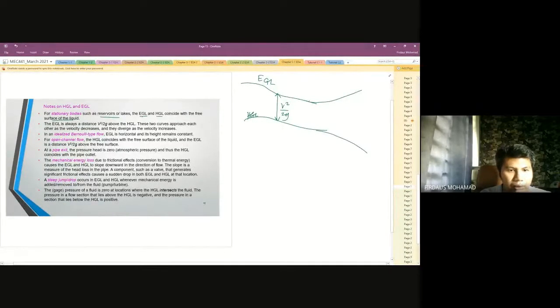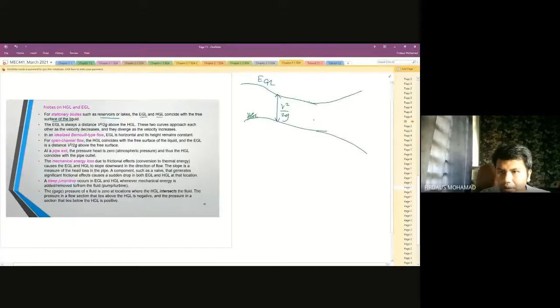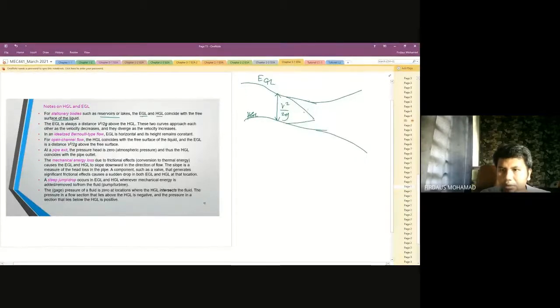Okay, so kalau V decrease, dia akan converge. So itu maksud dia, itu maksud EGL dengan HGL base kepada V squared over 2G. Okay, so in an idealized Bernoulli type flow, EGL is horizontal and its head remains constant.